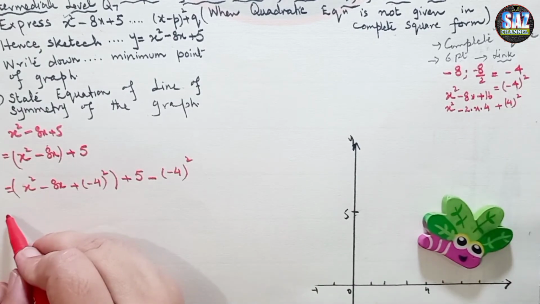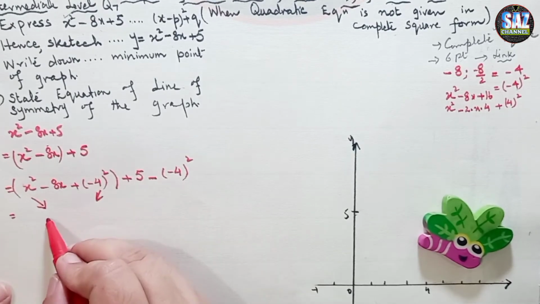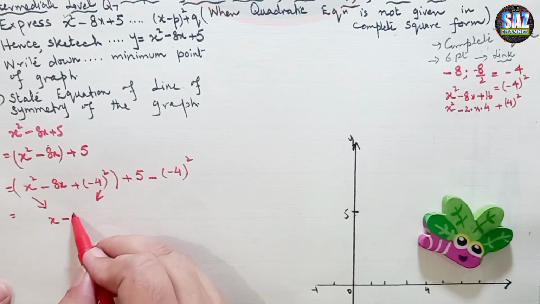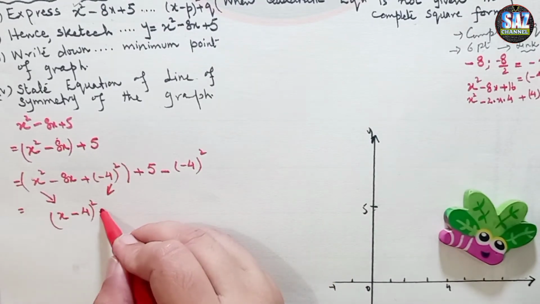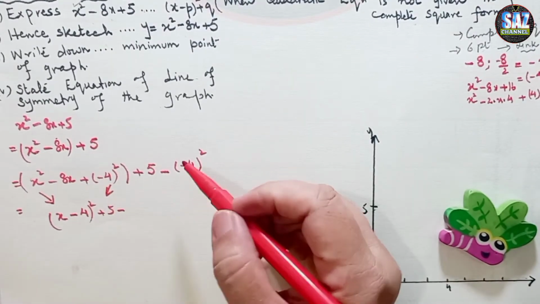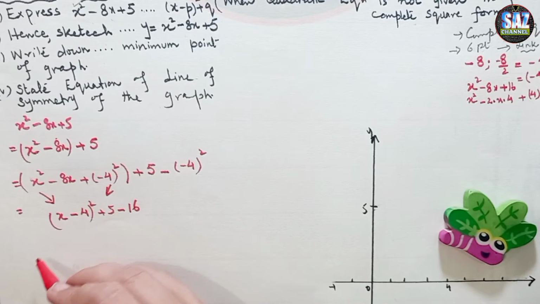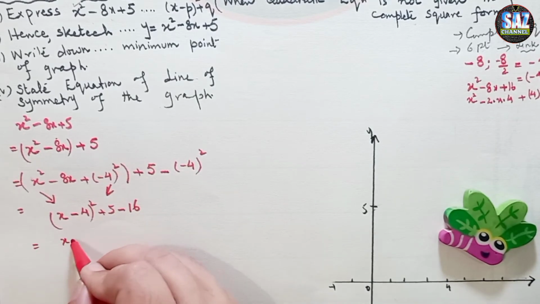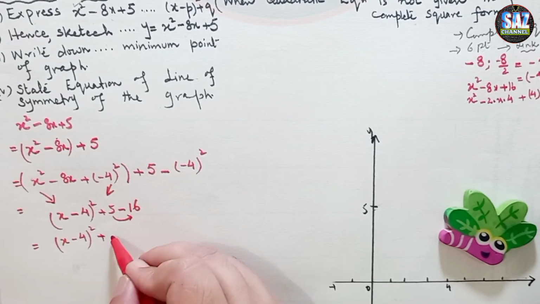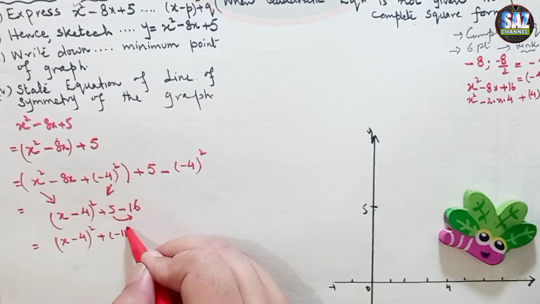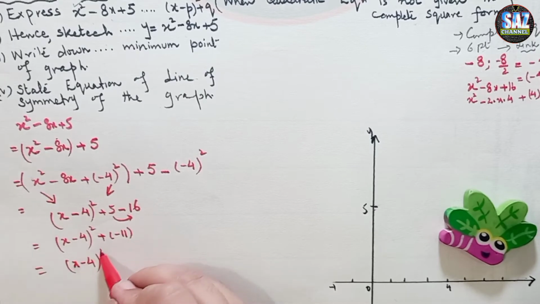So this part will be written as the identity x minus a whole square, which is x minus 4 whole square. Then plus 5 minus the square of the number, which whether negative or positive will become positive, 5 minus 16. This takes the form x minus 4 whole square, and 5 minus 16 is minus 11, so it will become x minus 4 whole square minus 11.